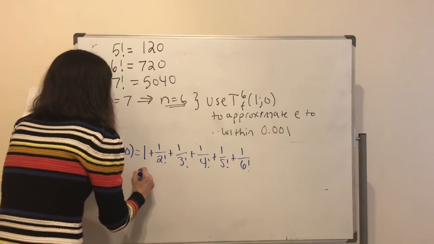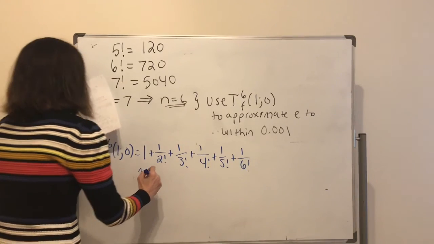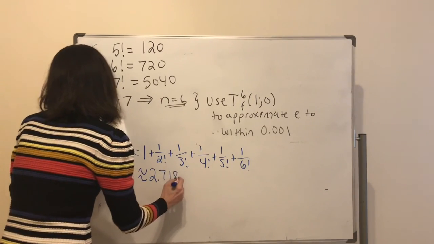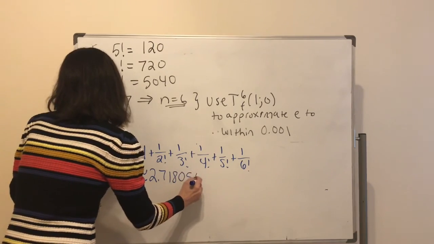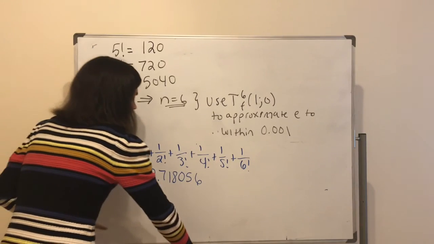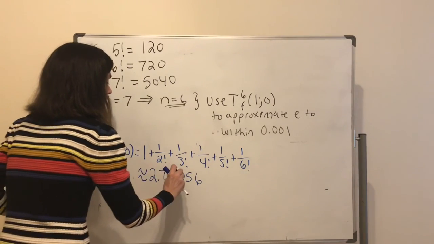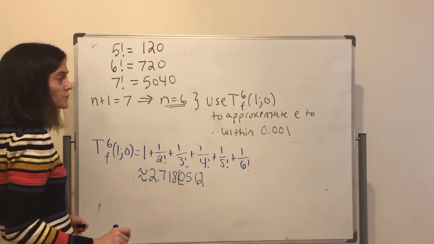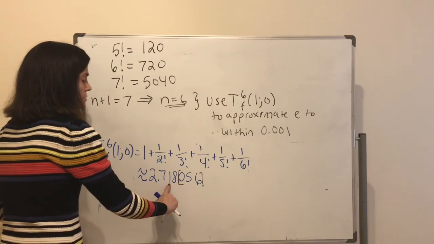This is approximately 2.718056. Okay, now this part is taking it a little too far. We wanted it within 0.001.